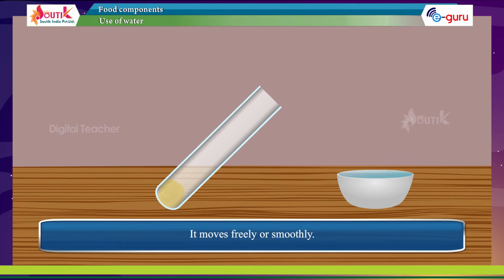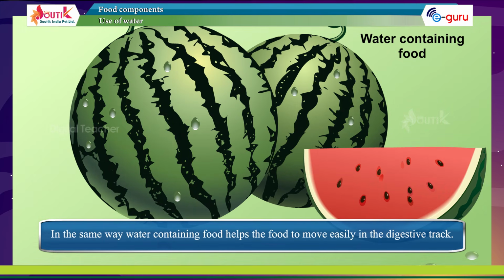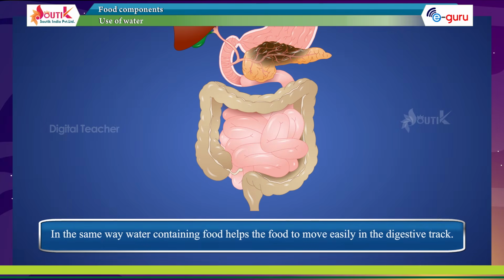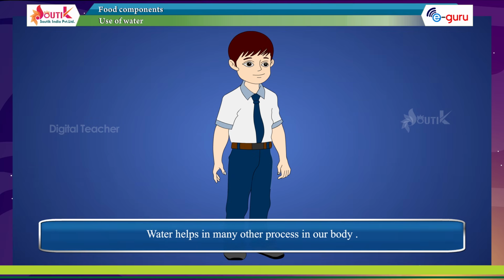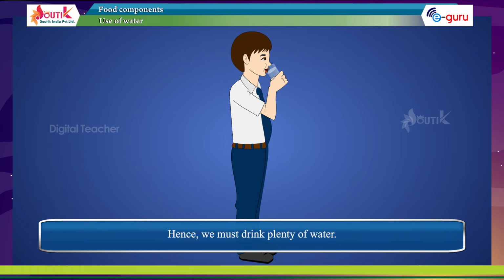It moves freely or smoothly. In the same way, water containing food helps the food to move easily in the digestive tract. Water helps in many other processes in our body. Hence, we must drink plenty of water.